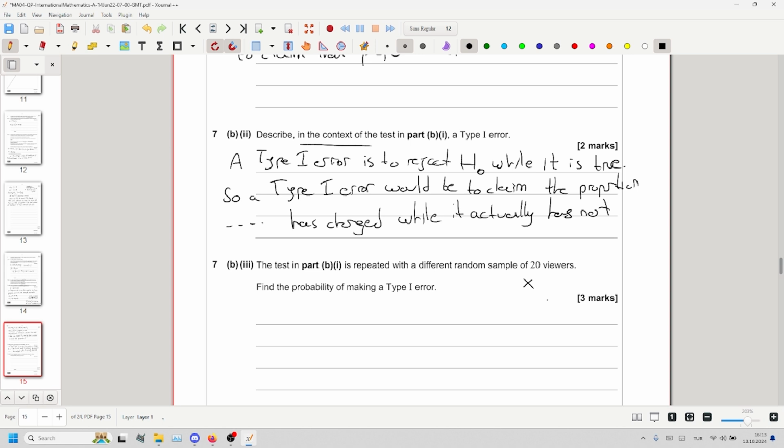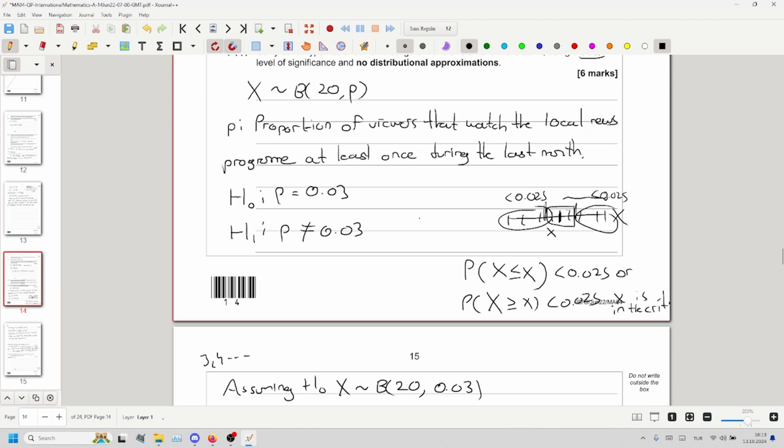So it is asking us the probability of rejecting H0. The condition we need to reject H0 is for our test value to land somewhere in this critical region. So essentially, we need to find the total probability of falling in this critical region.